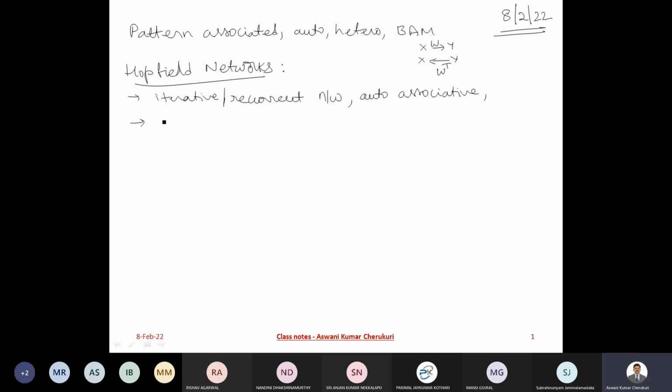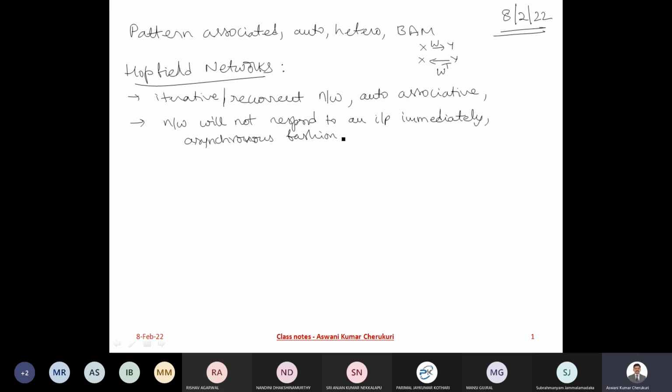And remember, the interesting aspect is that the network will not respond to an input immediately. The network responds in an asynchronous fashion. We will discuss what is asynchronous fashion.